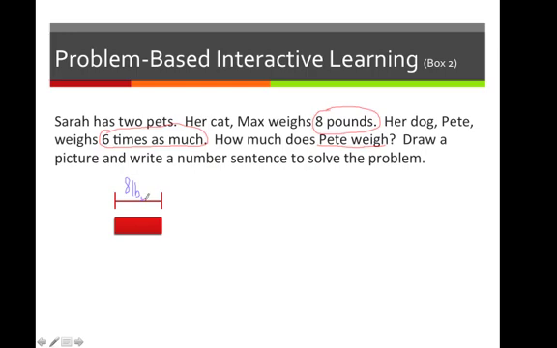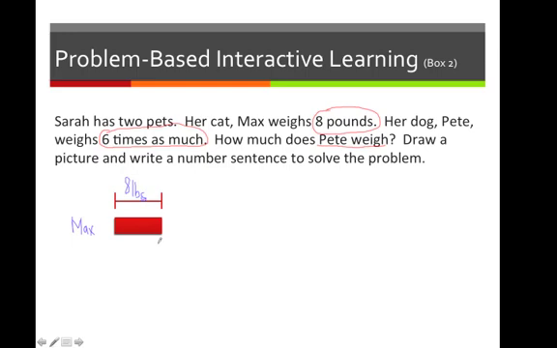The abbreviation lbs is for pounds. So Max weighs 8 pounds. Now I need to draw a bar that is 6 times as much or 6 times greater.